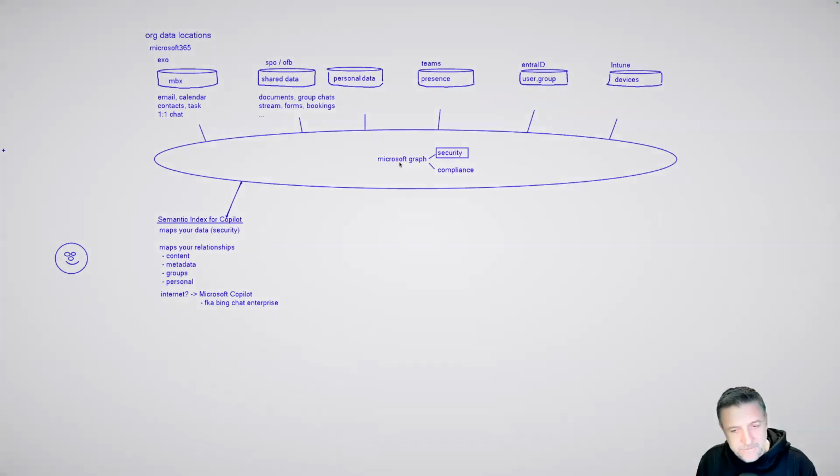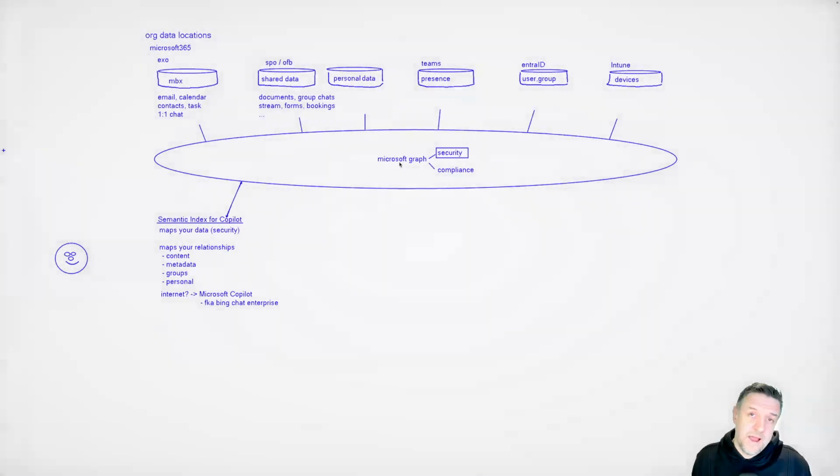So if you are pretty sure that your students at this point do not have access to, let's say, employee data, then you will also not have to worry about Copilot allowing those users to access that employee data, because Copilot is limited to what the security allows the user to see in the first place.